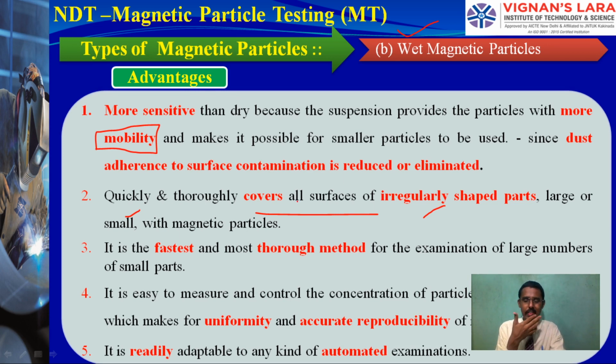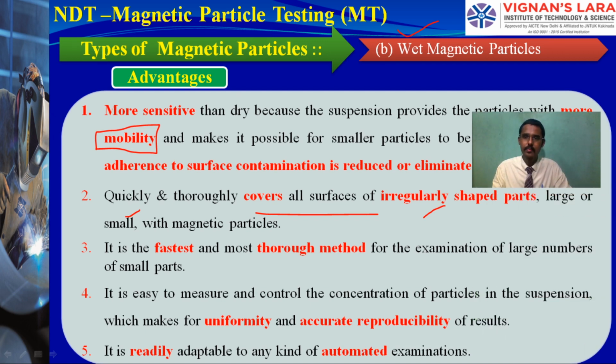It is a very fast method as the liquid flows over, and it thoroughly covers because 100% of the surfaces are fully covered by liquid easily. In powder form, the surfaces of the specimen have to be covered part by part by spraying the powder. The wet method is easier than the dry method.